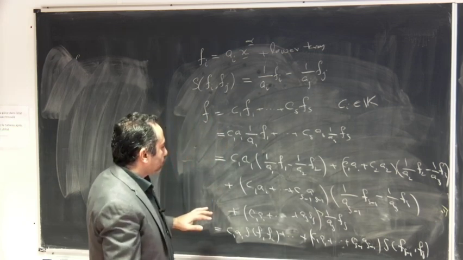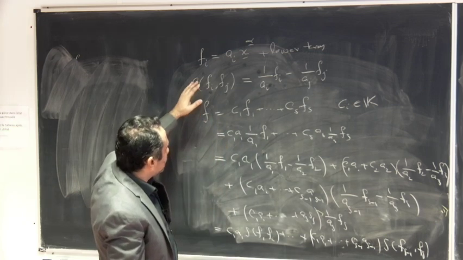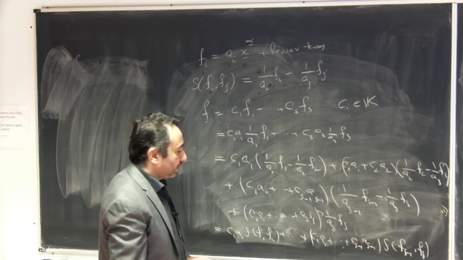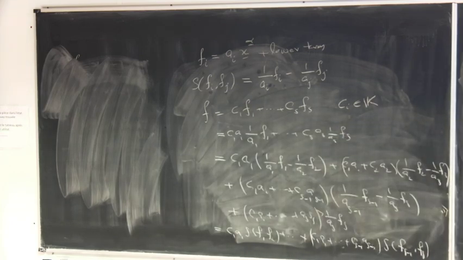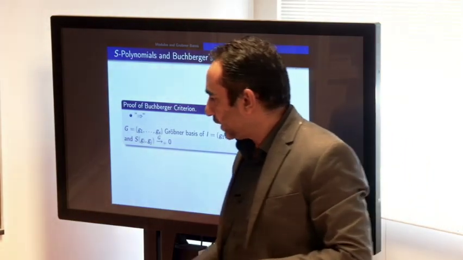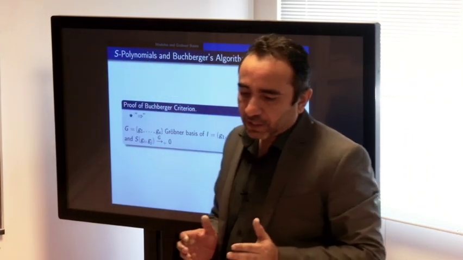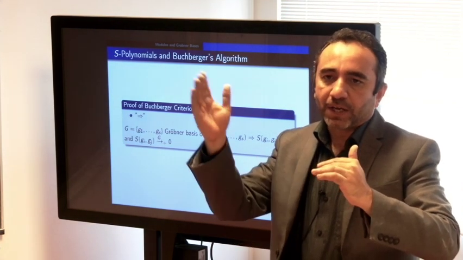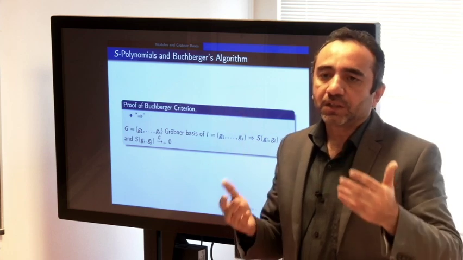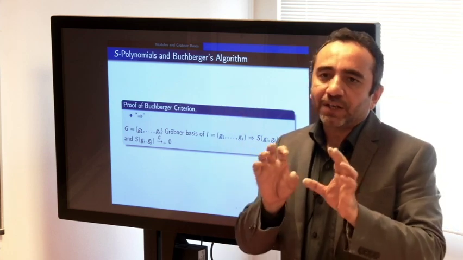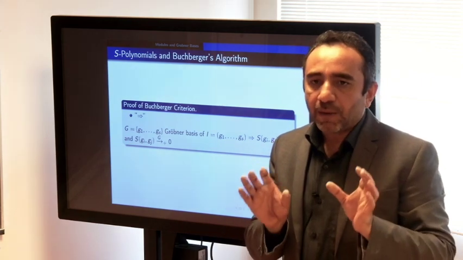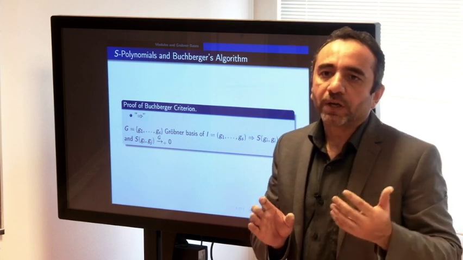Okay, so we have this F in the form of a combination of S polynomials. That's what we need to show in this result: the main thing is that if you have the same leading monomials and the leading monomial cancels out in that combination, then we can write that combination as a combination of S polynomials, because we will use that lemma in the proof of the Buchberger criterion.